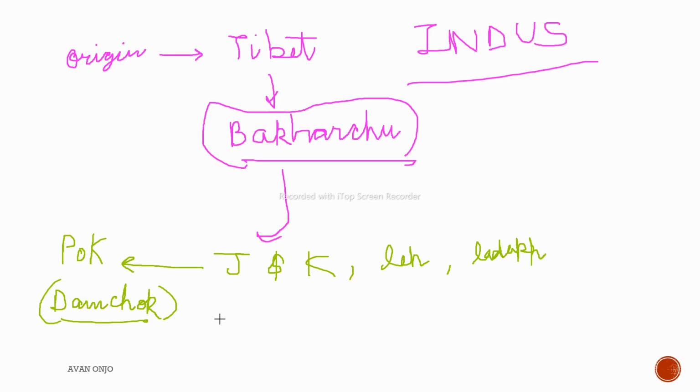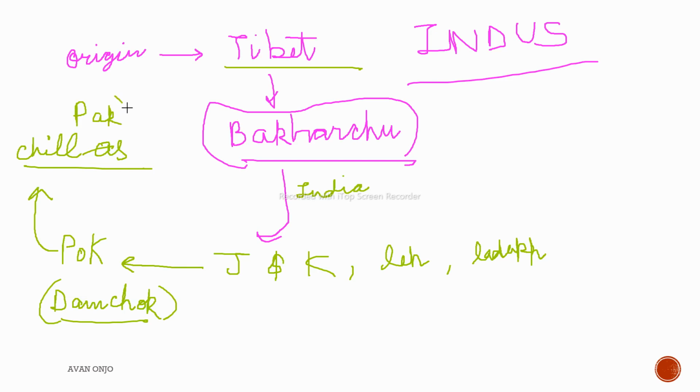So this is basically how it flows. It originates from Tibet, from Bokhar Chu, then it comes to India through Jammu and Kashmir. It enters India, then moves to the POK region, and after that it goes to Pakistan, where it enters from the place known as Chilas. So it enters India through J&K and enters Pakistan through Chilas.